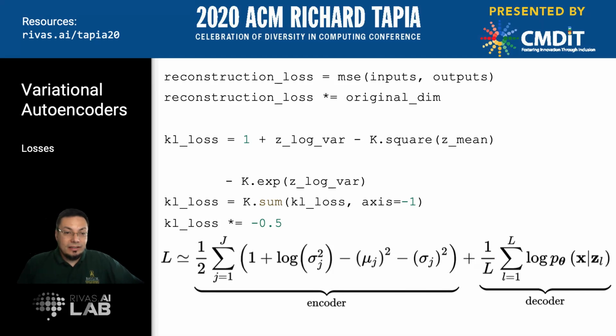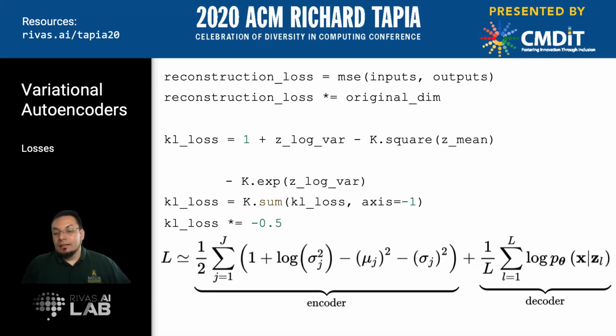And so it's a KL loss, and it's 1 plus the z log var, right? And then the square of the mean minus the exponential of the z log var, because this is logarithmic, it's canceled by the exponential. And then we add this together, and then we divide it by 2.